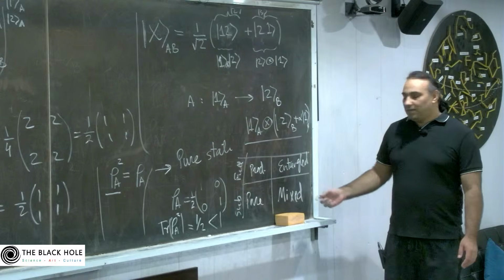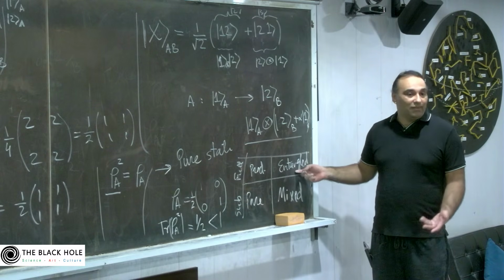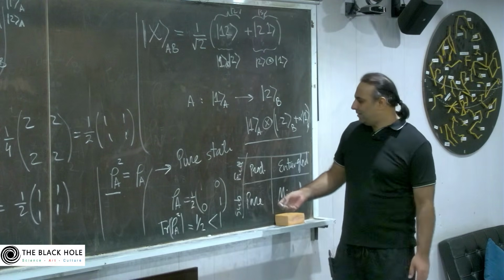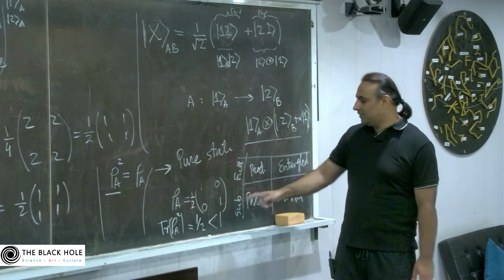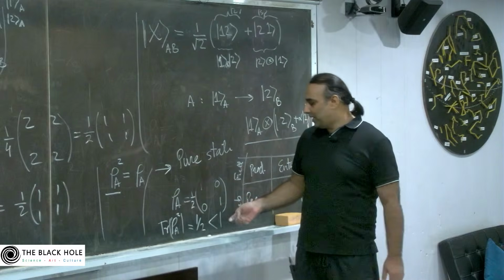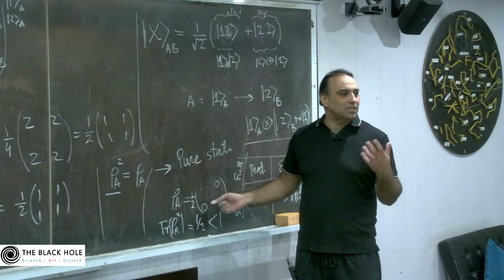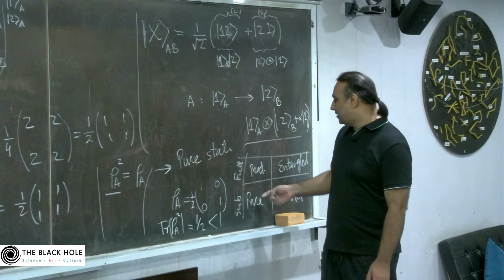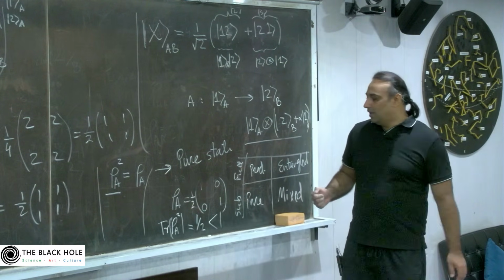Okay, and the degree of mixing can tell you the degree of entanglement. Now there are many interesting things that you can do with this, you can compute eigenvalues of this and compute its entropy, and if it's 0, that would mean it's pure, otherwise it's mixed.